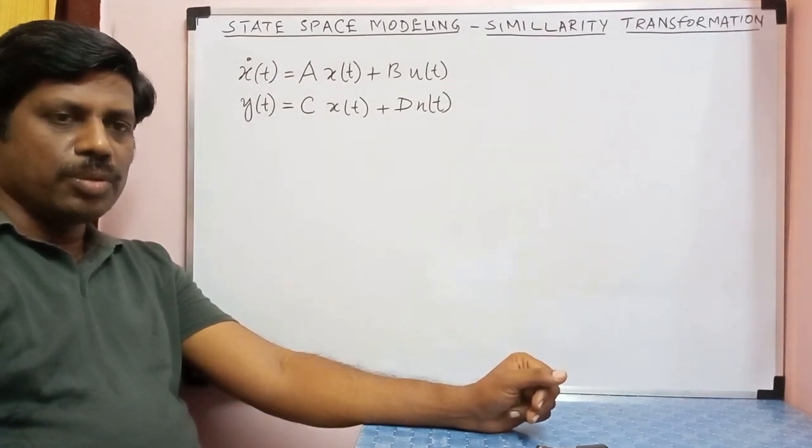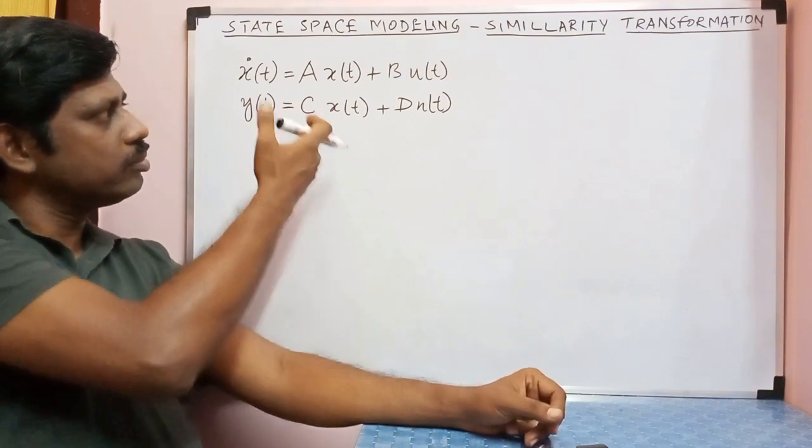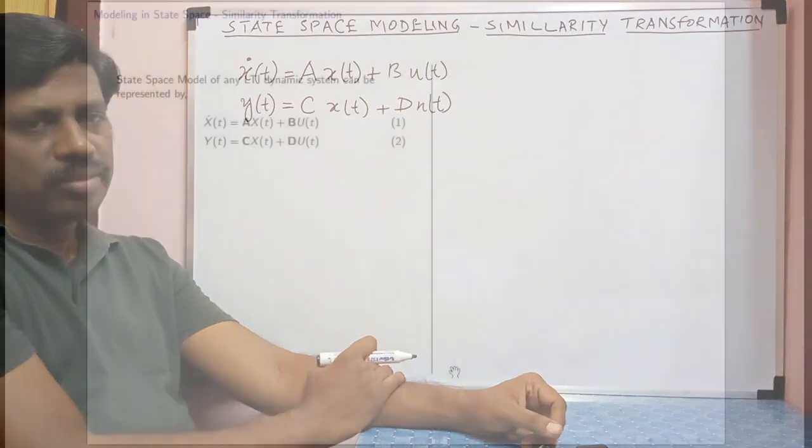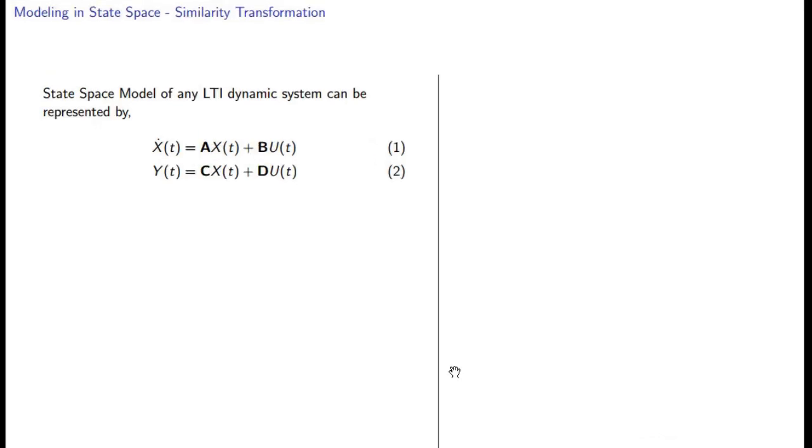Let us take this state space model: x dot = Ax + Bu and y = Cx + Du.